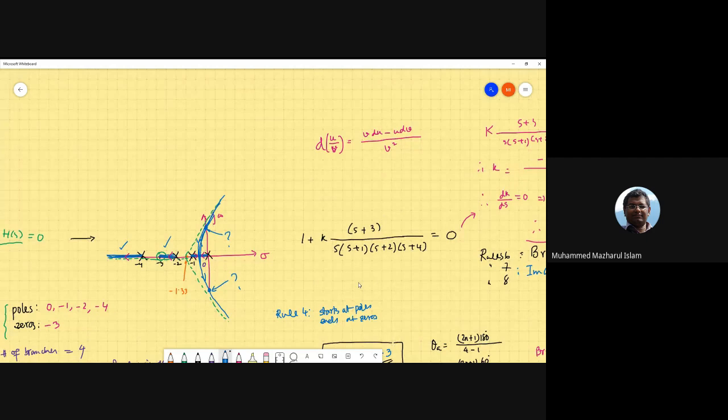The way to find the imaginary axis crossing point is to use the Routh table. You have already encountered the Routh table. Remember that we studied the concept of even poles?